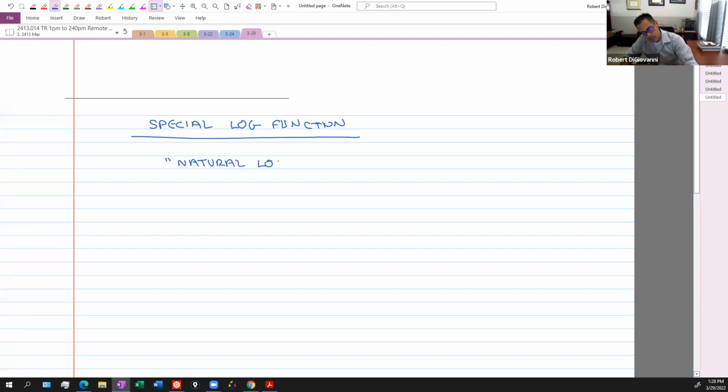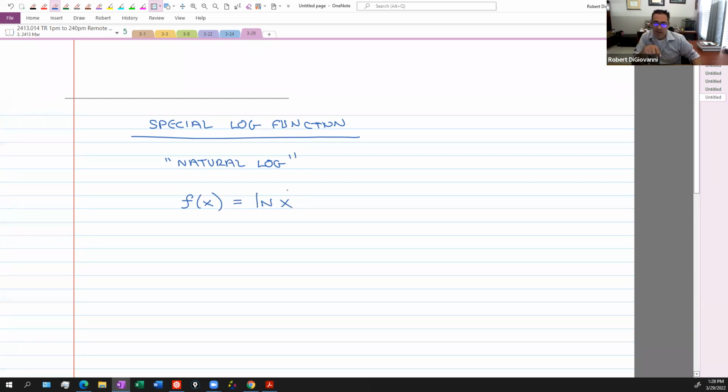Now, there is a special log function. It's called the natural log function. And here's what it is. f of x equals, I know you've seen this, ln x.